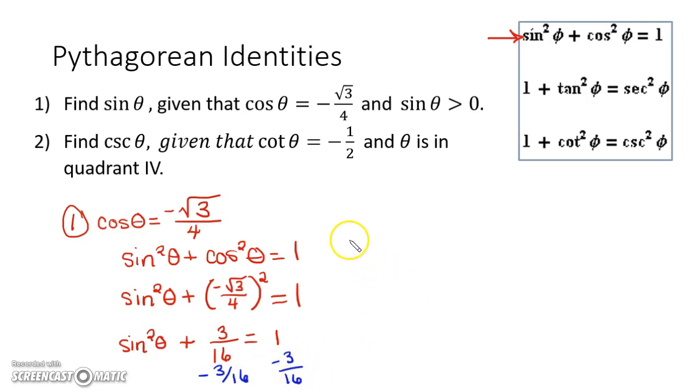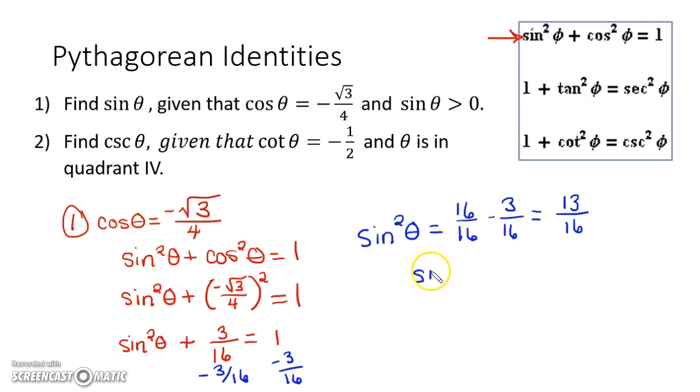Now I need to subtract 3 over 16 to the other side to get that by itself. So we have sine squared of theta equals, let's change that to 16 over 16 minus 3 over 16, which is going to give me 13 over 16. So sine squared theta equals 13 over 16.